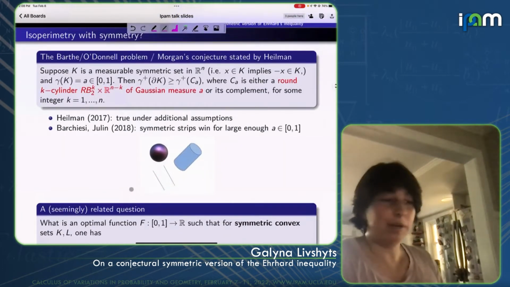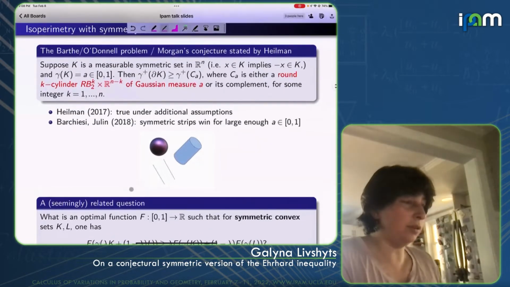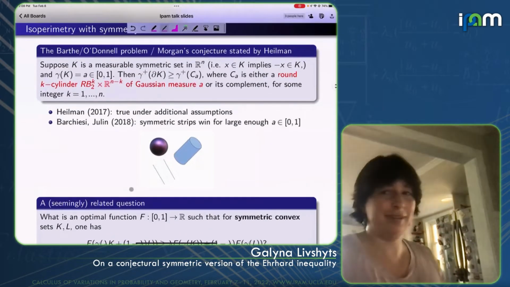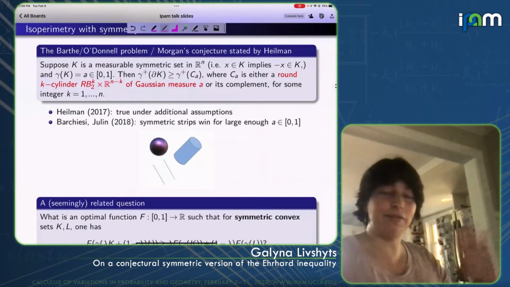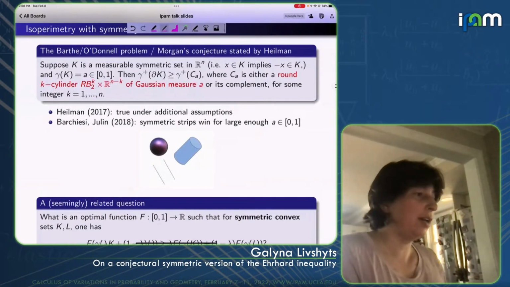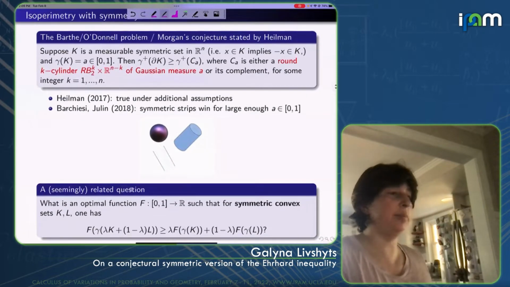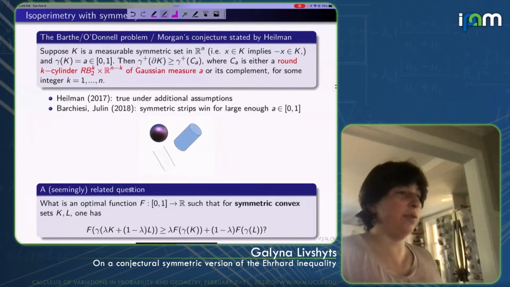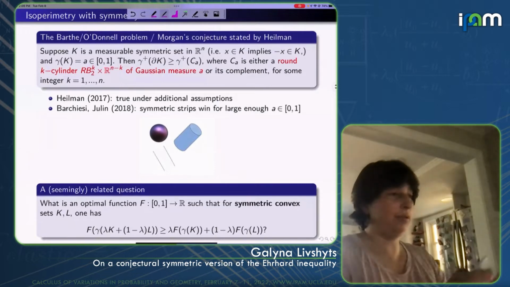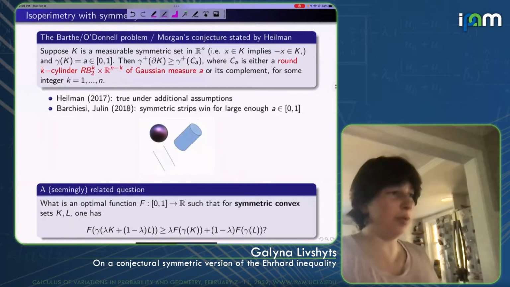Let me now come to the main question of the talk. Actually, first I will mention a different question, and then the main question. Here is the so-called Barthe-Ehrhard problem, a conjecture put forward by Heilman, attributed in his paper to Frank Morgan. Honestly, I don't know what name to attach to this problem, but here's the question.